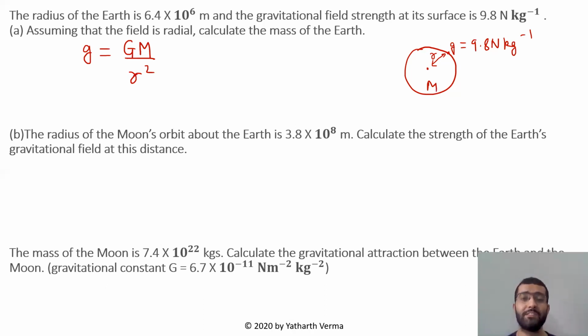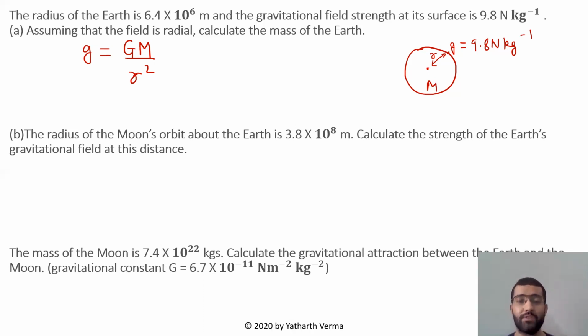It's at the surface, so the radius is important. Here there is an assumption that all the mass of the object is concentrated at the center, so we take that assumption. We know the radius of the earth, that is the distance of the point from the center of the earth, which is also the point having the mass as per our assumption.